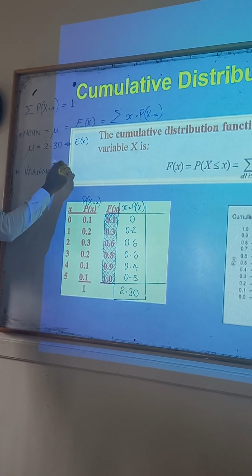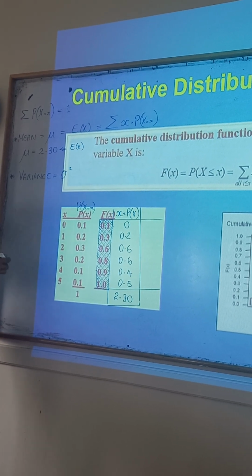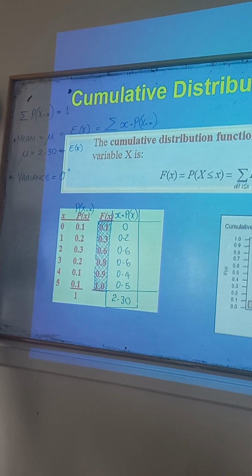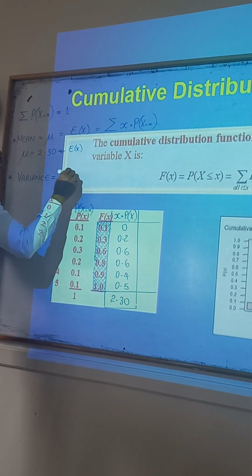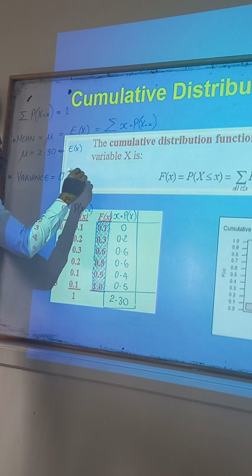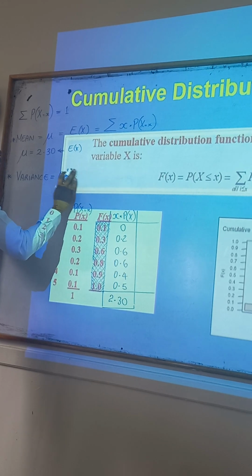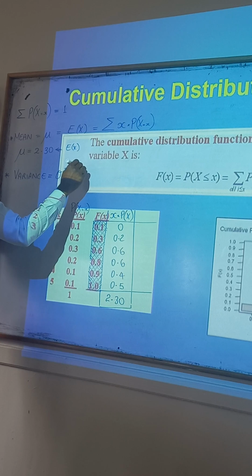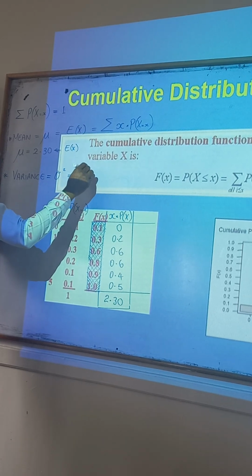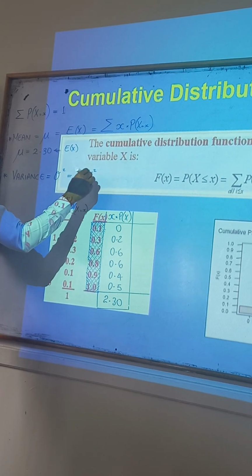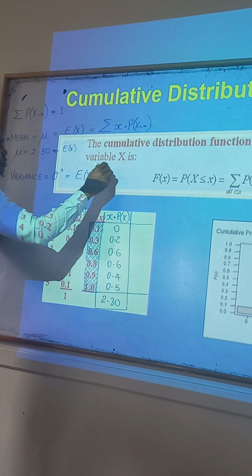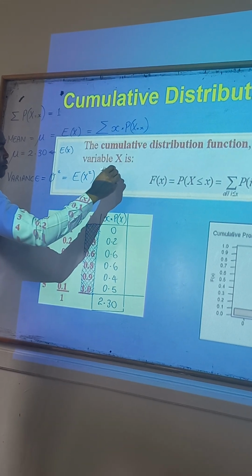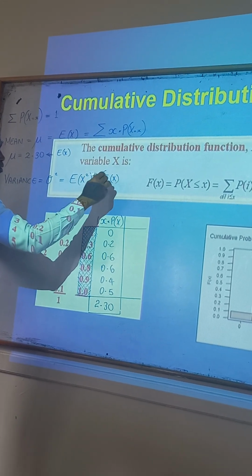That's the variance, sigma squared. Alright? Let me give you one of the formulas. It's the expected value of x squared minus the expected value of x, all squared.